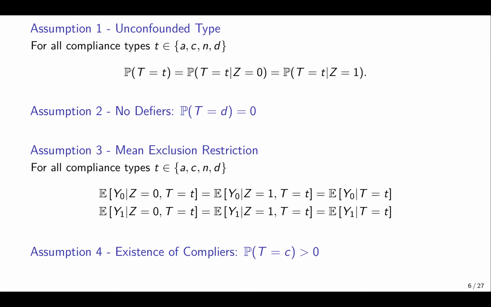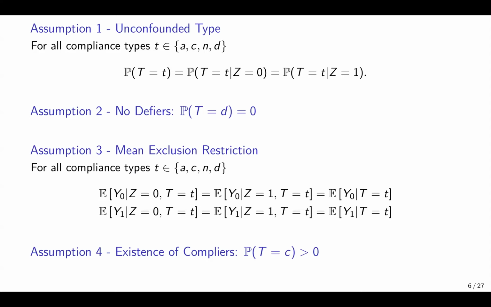The first assumption here is going to be called unconfounded type. So what this says is, for all of those 4 compliance types from the previous slide, so all the 4 types of families that are possible, always, complier, never, and defier, the share of families of a certain type is the same among those who were not offered treatment as among those who were offered treatment.